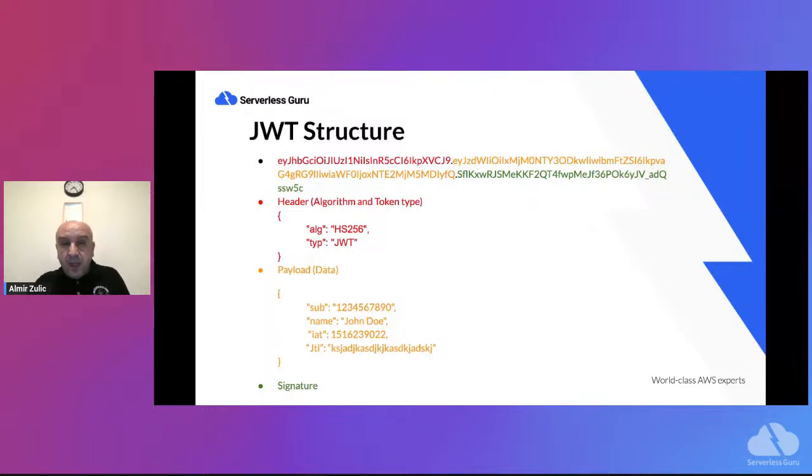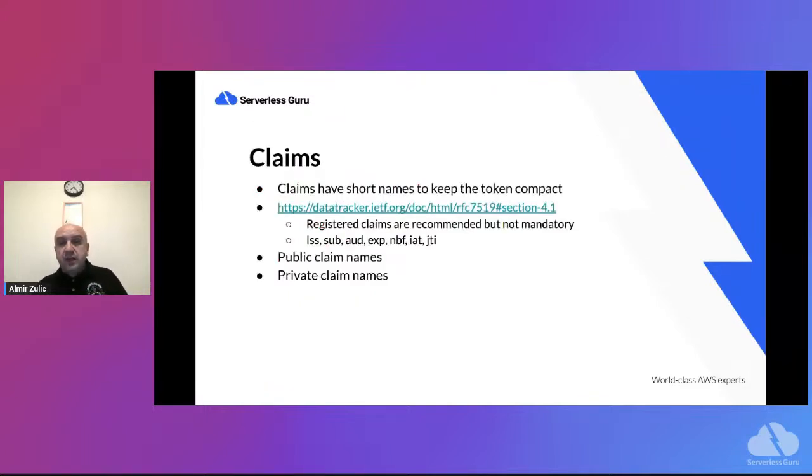So the claims, and those are actually the properties of this JSON document that you have within the payload, are the information that you want to send to the client, and that you want to have encoded inside. So be aware that this information is not encrypted. When you are sending information within the token, I just showed you in a terminal how you can easily decode a token and extract that information.